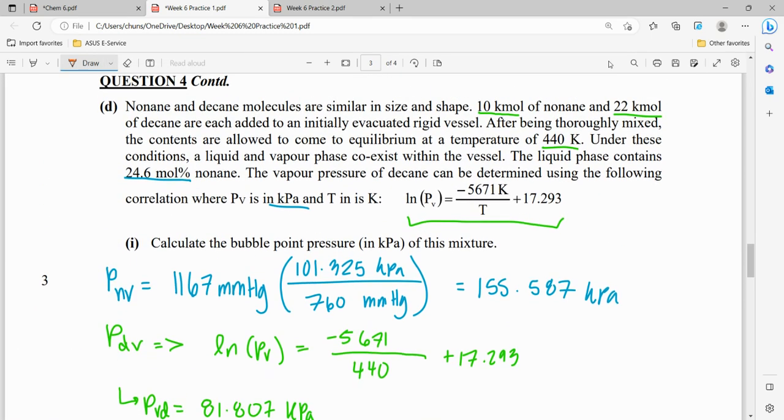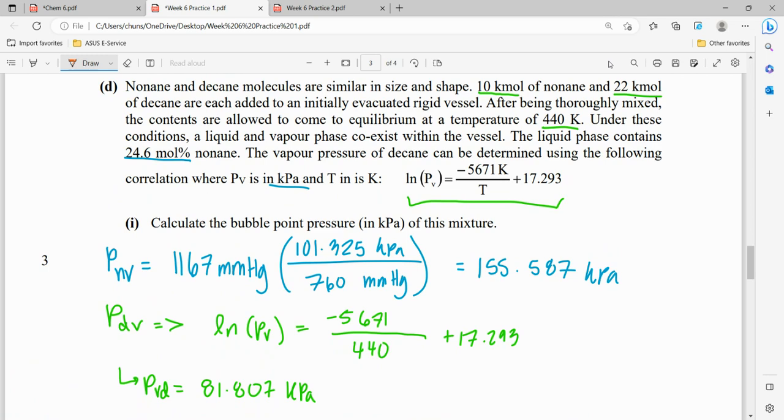So we're given our amounts, so let's just work with nonane. In total we have nonane equal to 10 over our total, which is 10 plus 2, and our composition of nonane in this case is 0.3125.